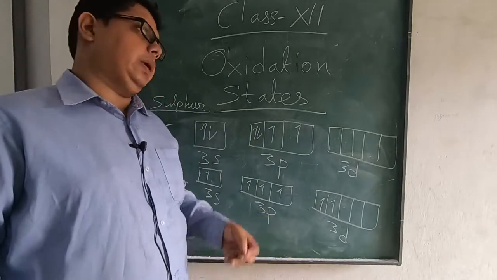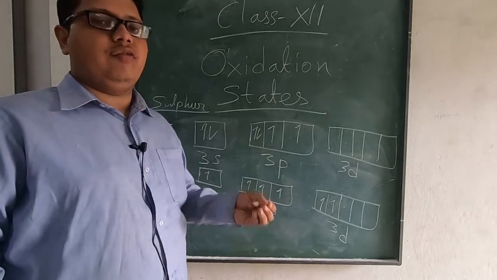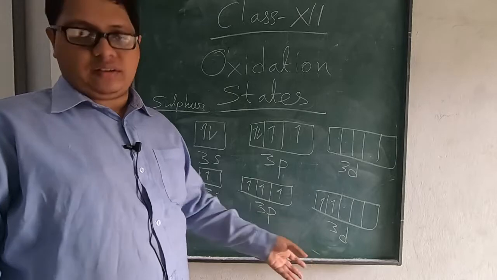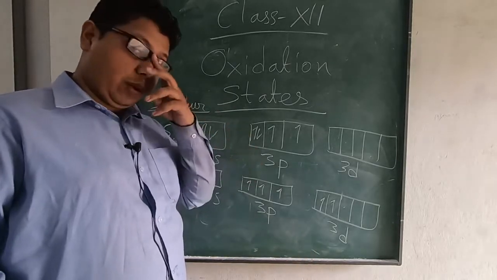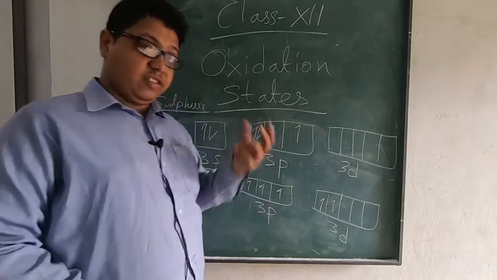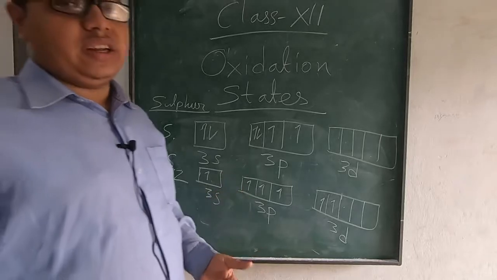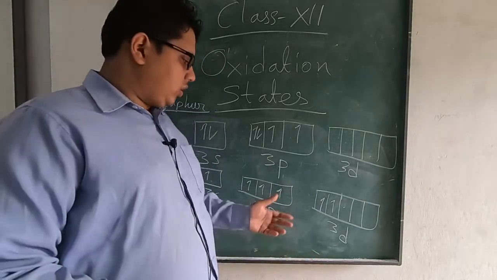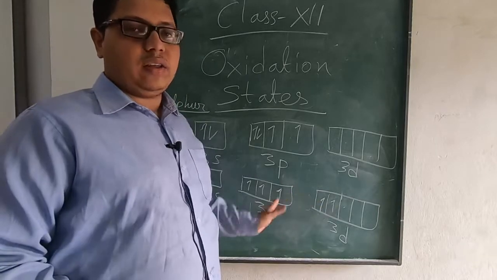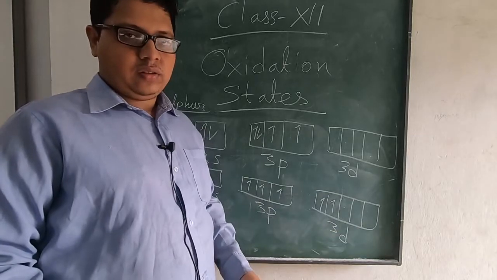Why not? Because oxygen does not have vacant d orbitals. It was the same case for nitrogen as well. If you remember in group 15, the first members of each group do not have vacant d orbitals, as a result of which they cannot show higher oxidation states. Okay.